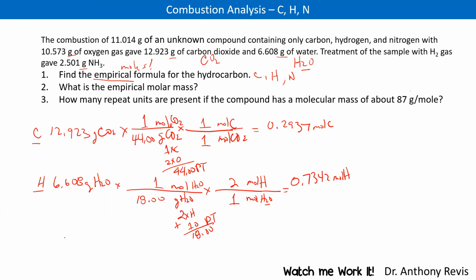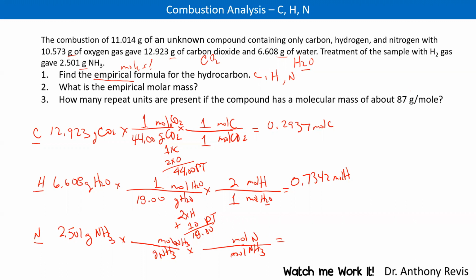Well, next I need to do that for nitrogen. The source of nitrogen is here, 2.501 grams of NH3. So we do grams NH3 on the bottom and moles on the top. And then we're going to do the interconversion, moles of NH3 on the bottom to moles of N on the top, and I'll have moles of nitrogen.